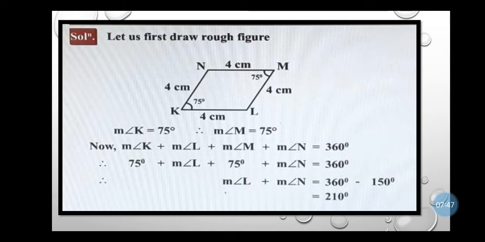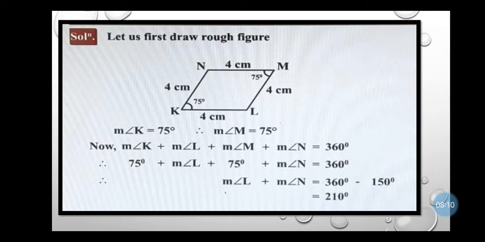Measure angle K plus measure angle L plus measure angle M plus measure angle N is equal to 360 degrees. That is the sum of the measures of the angles of a quadrilateral. Substituting the values: K we know is 75 degrees. Measure angle L we don't know, so we substitute it as it is. Measure angle M is 75 degrees.